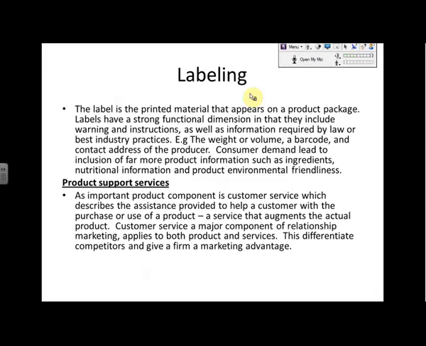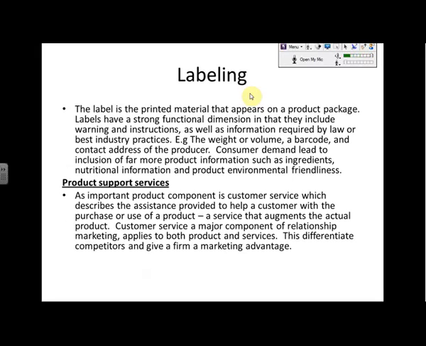We then look at labeling. What is a label? A label is the printed material that appears on a product package. Labels have a strong functional dimension in that they include certain warnings and instructions, as well as information required by law or by best industry practice.